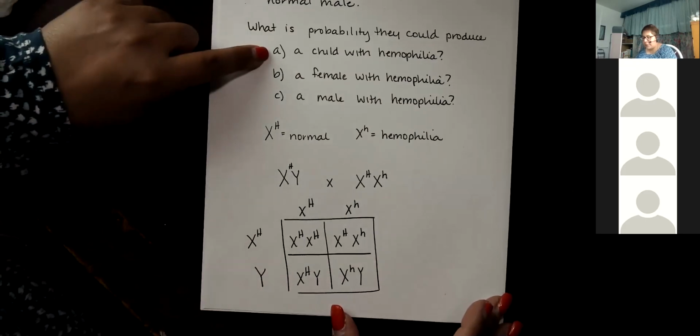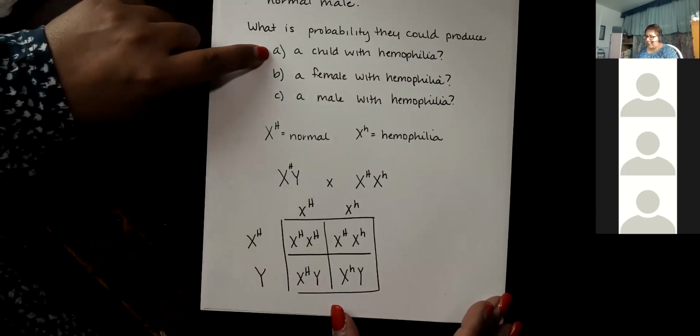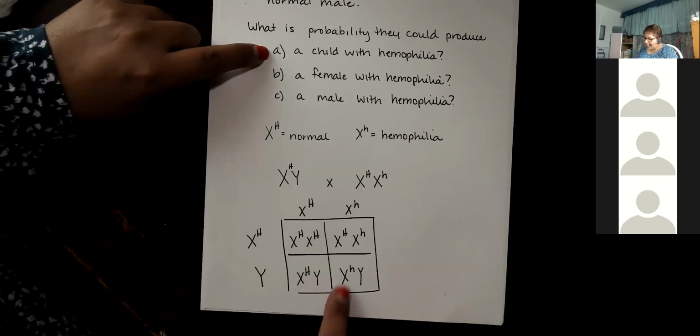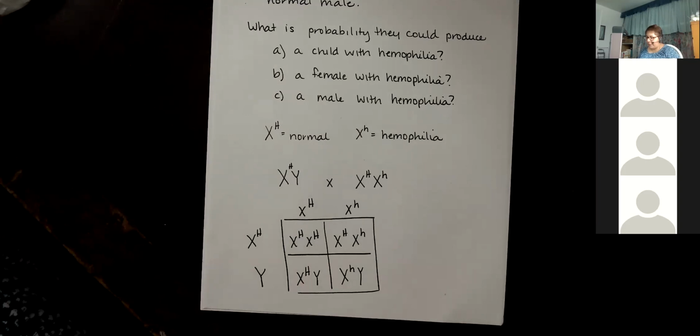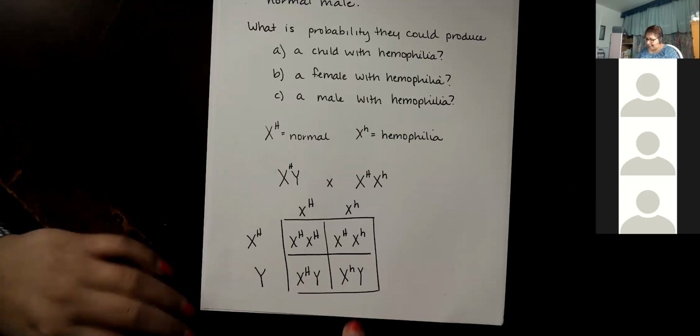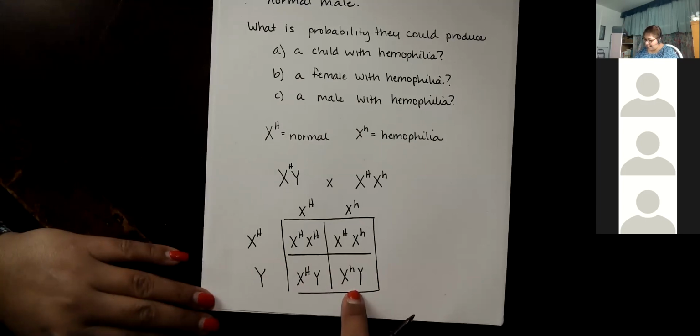So let's answer question A. What is the probability they're going to have a child with hemophilia? Do any of these probable offspring have hemophilia? Yes, right? This one right here, the one with the X and then the lowercase, has hemophilia.